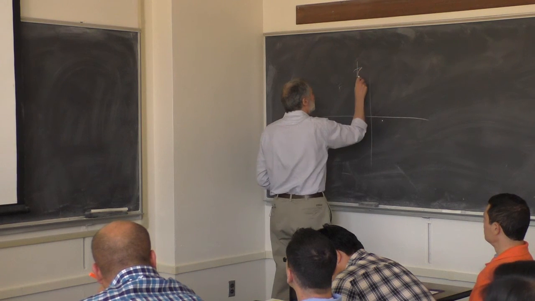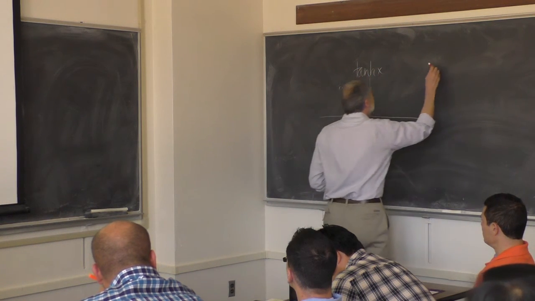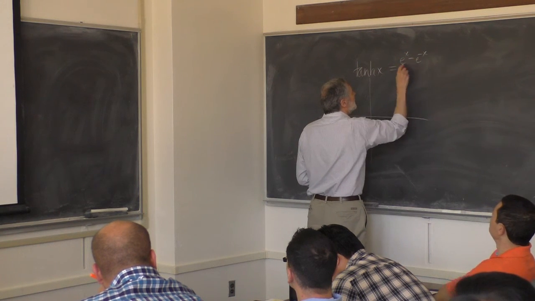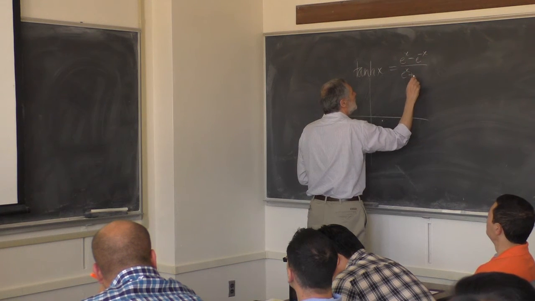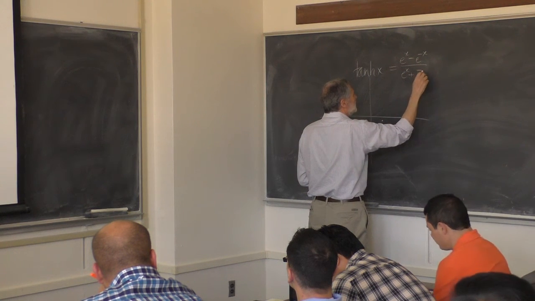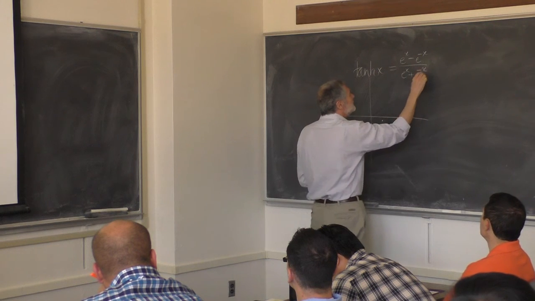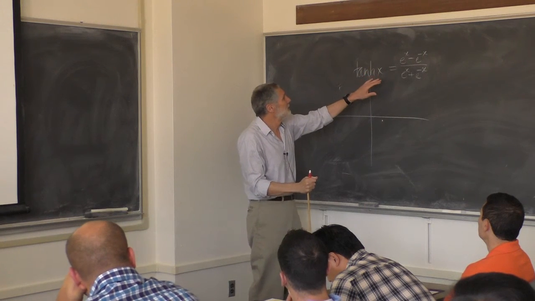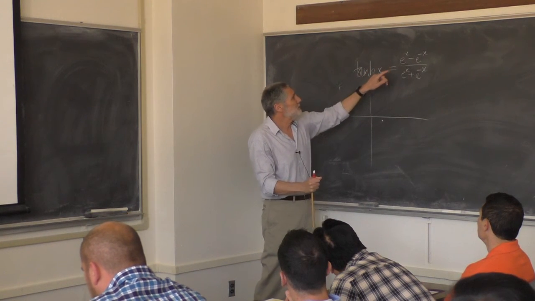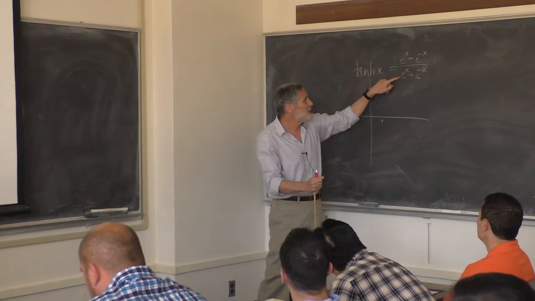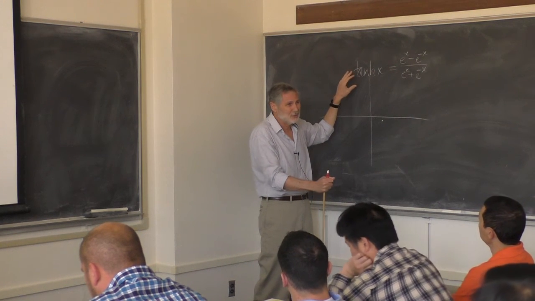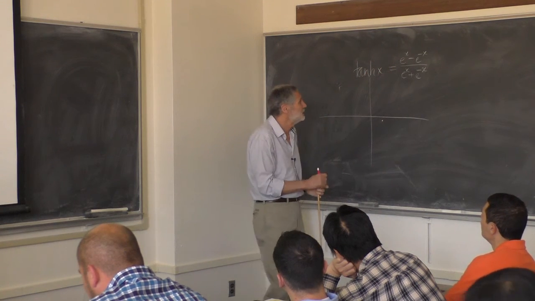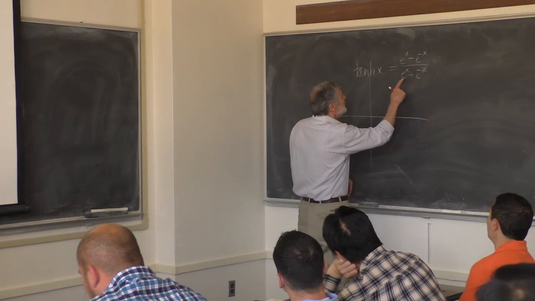The hyperbolic tangent of x, remember, is going to be the hyperbolic sine over the hyperbolic cosine. When you hit this kind of stuff, you don't have to run to the internet. You just do it. If you're worried about it, you can check it. So it's going to look like this.